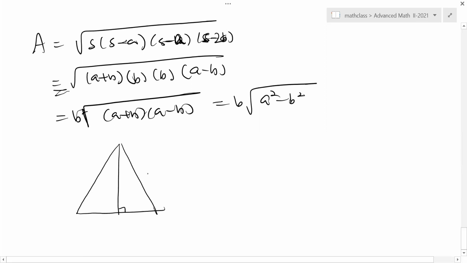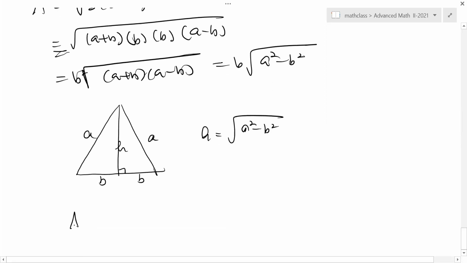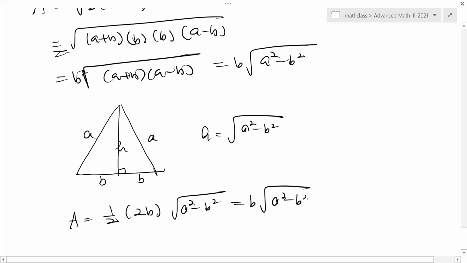If this side is A, and here's a B, here's a B, here's A, right? All you have to do is just find the h, the height. Height is going to be the square root of A squared minus B squared. So then area is going to be half of the base times height. So you get B times the square root of A squared minus B squared. It's a much quicker way to solve it. Got it?